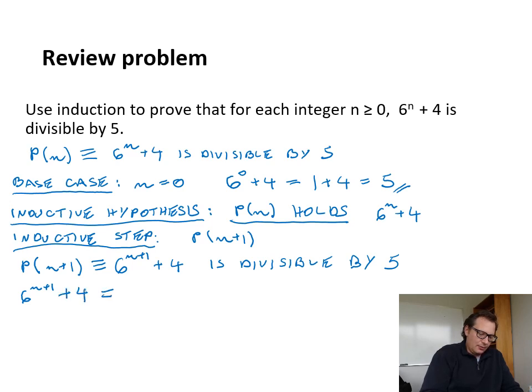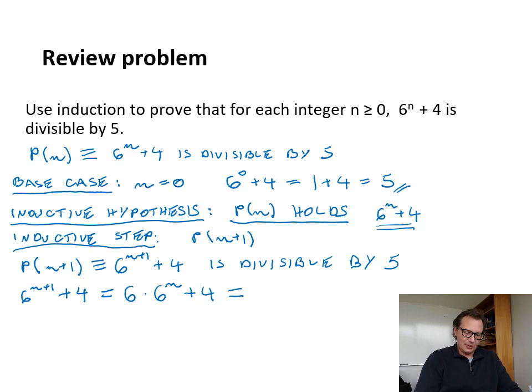That's equal to 6 times 6 to the power of n plus 4. Okay, and remember, we want to somehow plug in our inductive hypothesis because we know that this is divisible by 5.